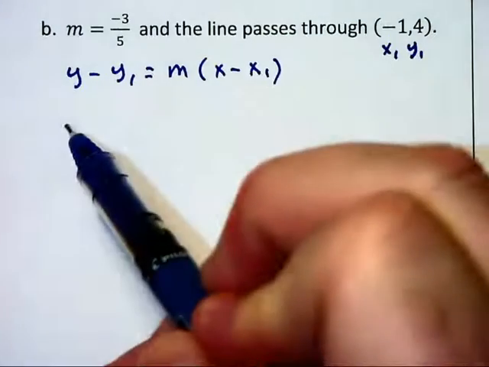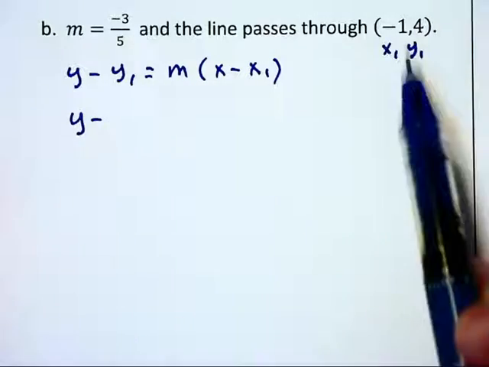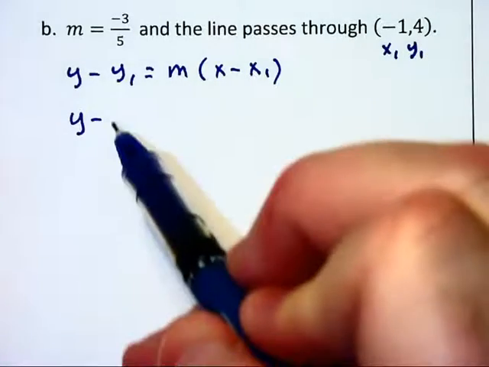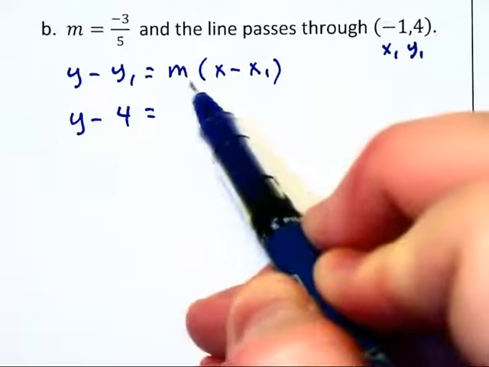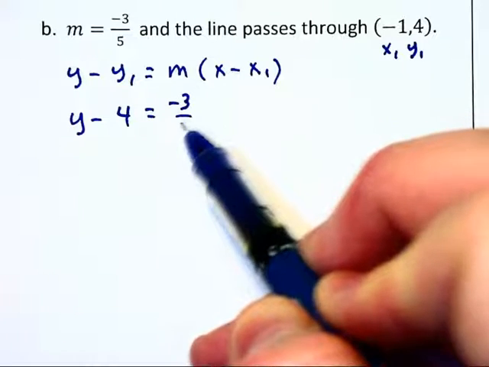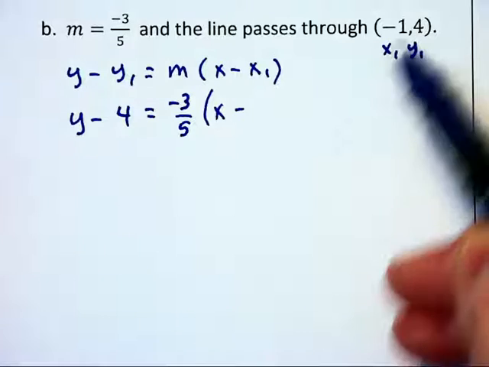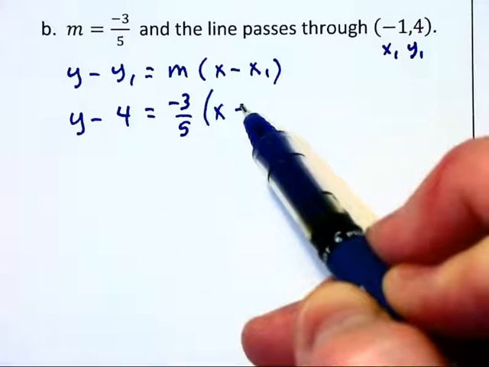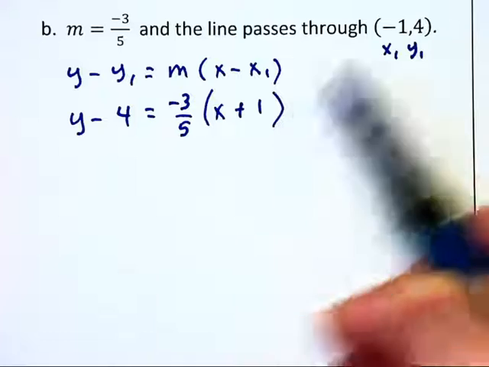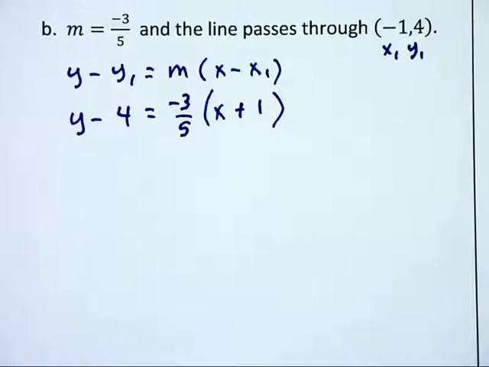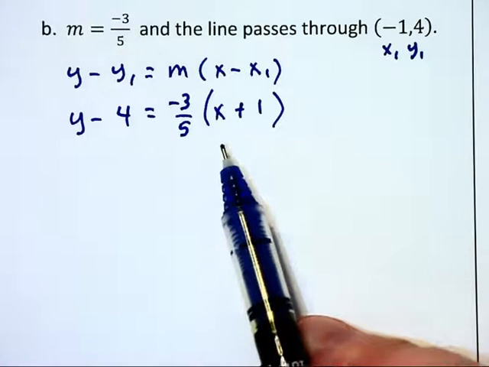And so we substitute our values in. y minus y1 becomes y minus 4 is equal to the slope, which is negative 3/5, times x minus the x1, which is negative 1. So minus a negative 1 becomes plus 1.